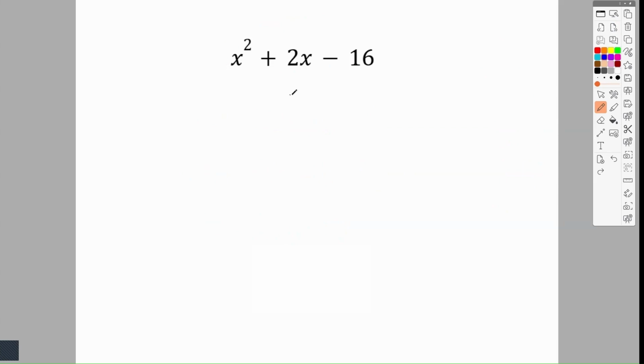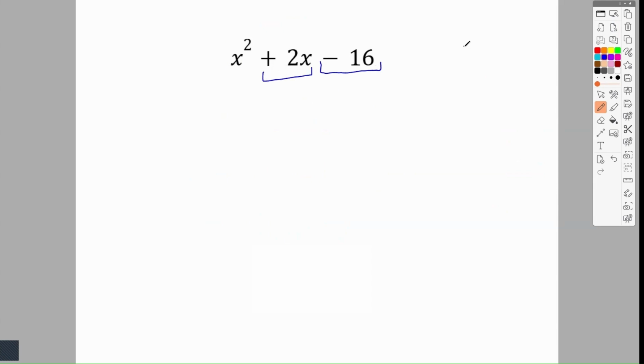Now let's try to solve this one. We have x squared plus 2x minus 16. Obviously the leading coefficient is 1, so we have to try the first method. We have to find numbers that multiply to negative 16 and add to positive 2.